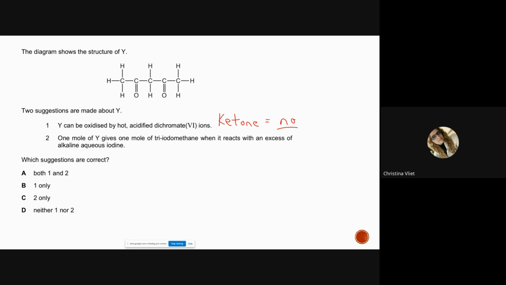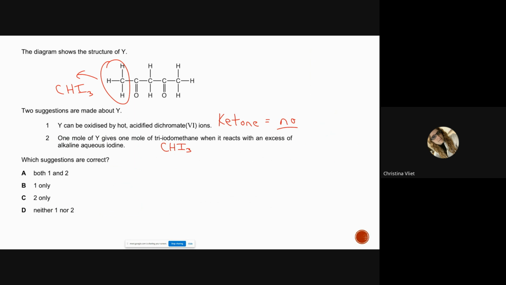Statement 2 says 1 mole of this compound gives 1 mole of CHI3. So look at it closely. There are 2 ketones, so they need to be ketones. Isn't this a thing that can get knocked off as CHI3? Annotate that. On the other side, is there another ketone?